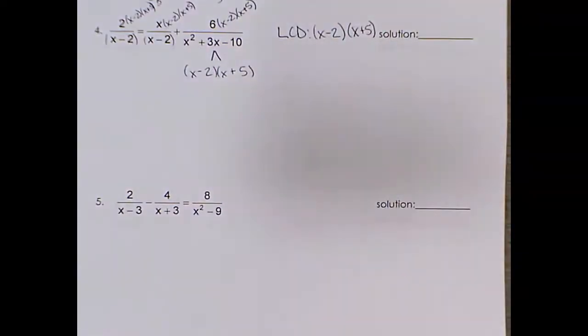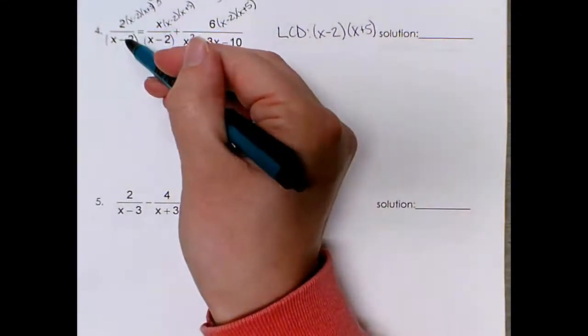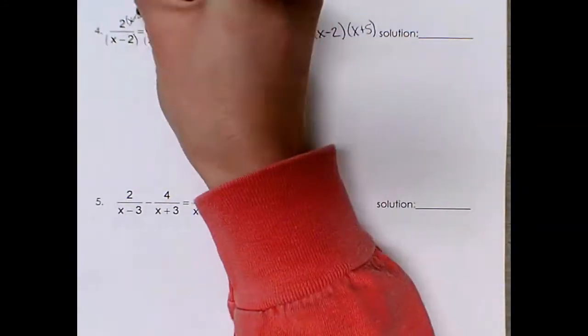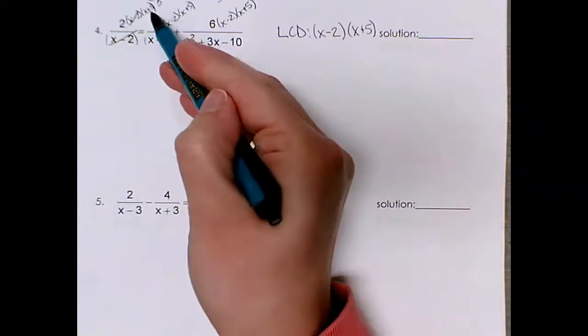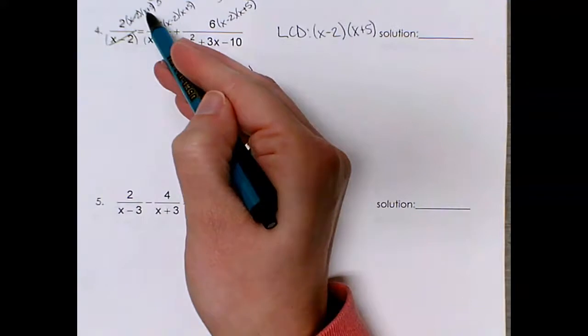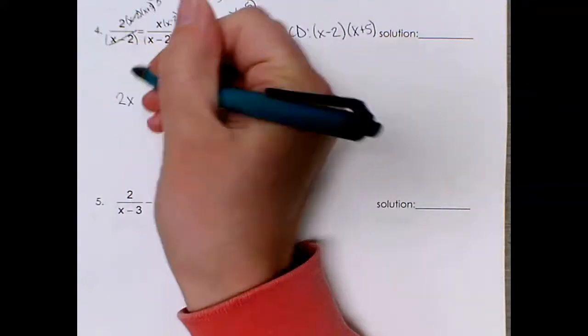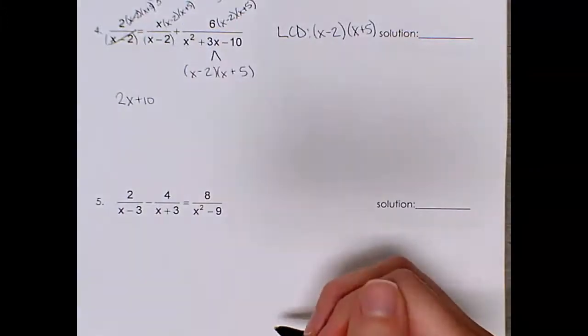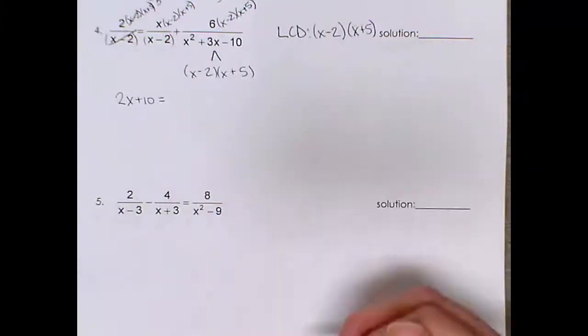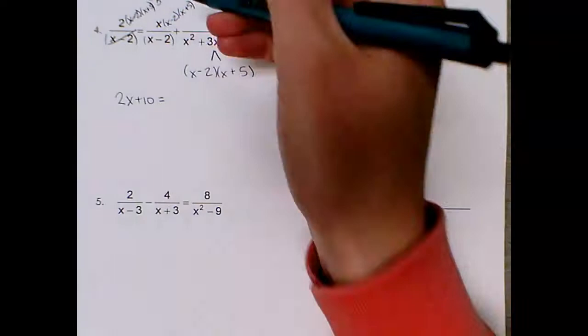And let's see what happens. In the first rational expression, x minus 2's are common factors on top and bottom that can be canceled. What remains is 2 times x plus 5. Well, 2 times x is 2x, and 2 times positive 5 is 10, equals. The second rational expression, x minus 2, is a common factor on top and bottom.